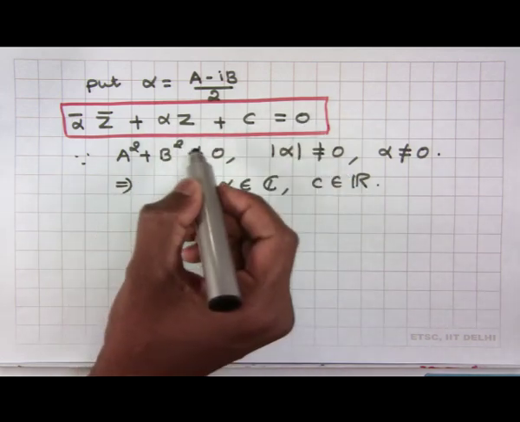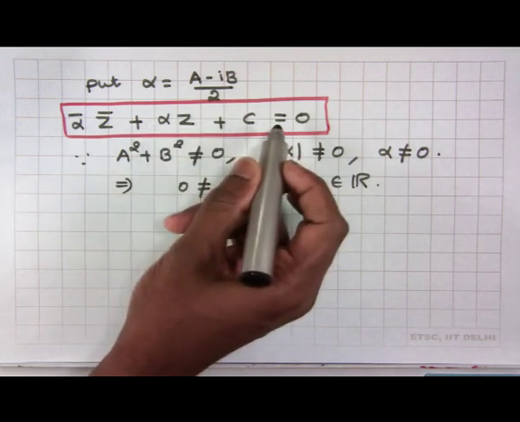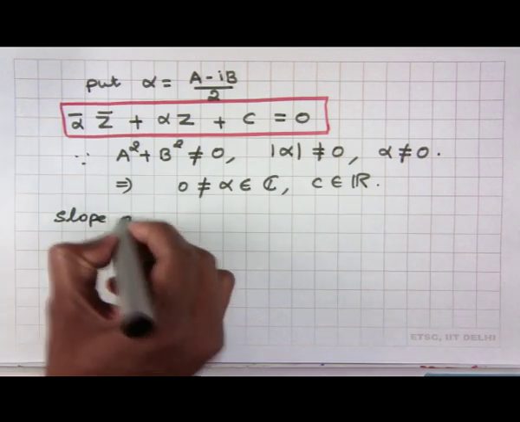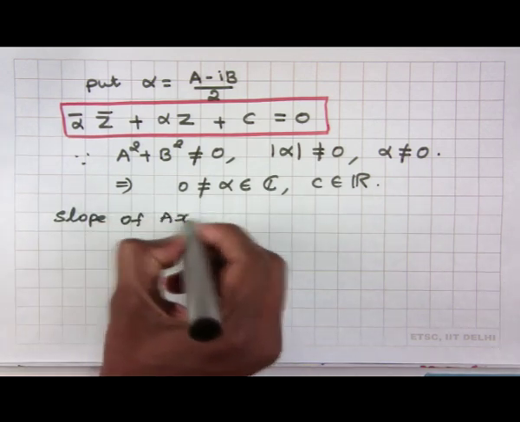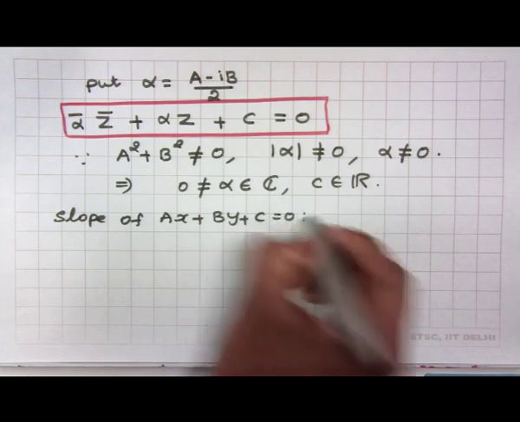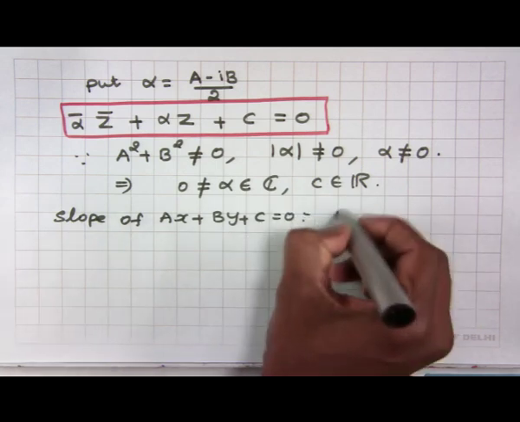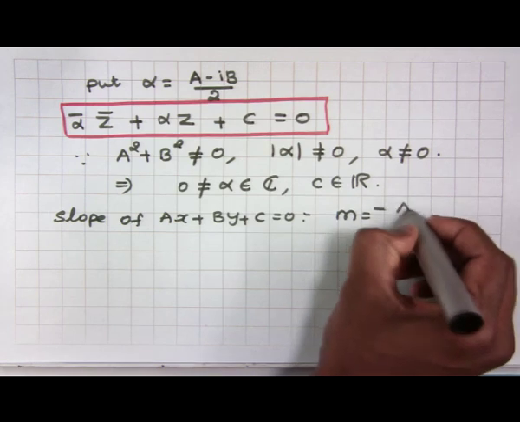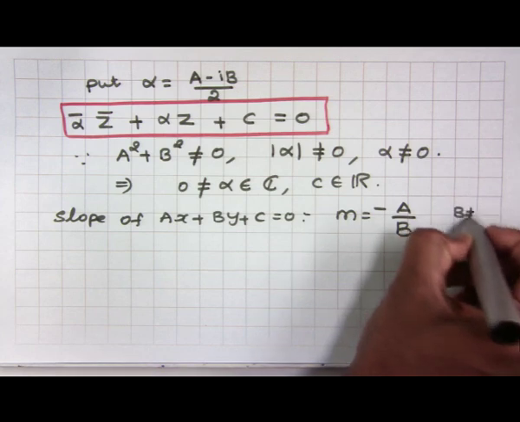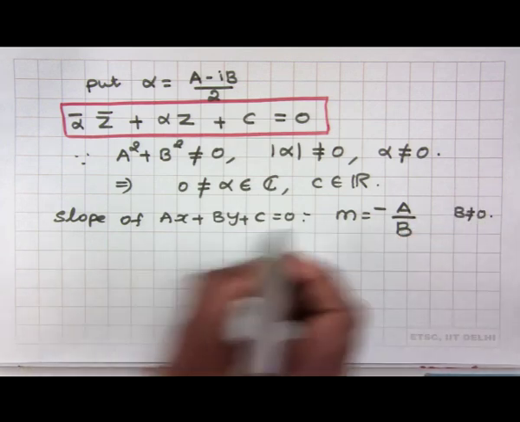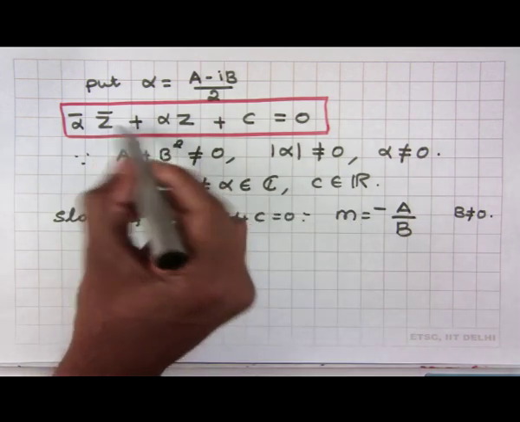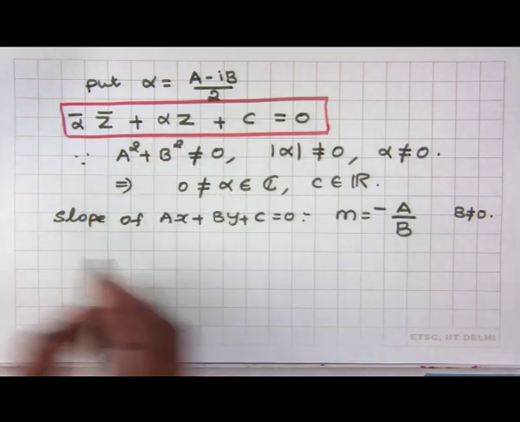One can ask what is the slope of this line. If we consider the slope of the given line, ax + by + c = 0, we get the slope m as minus a by b, assuming b is non-zero. Then we could easily derive the slope in terms of alpha.